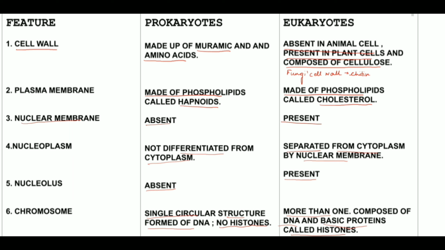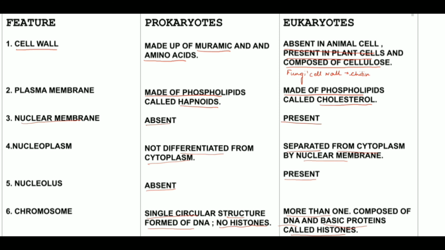In prokaryotes, there are different types of proteins present, but we'll discuss it when we talk about bacteria. But histones, which are the basic proteins, are not present in prokaryotes.